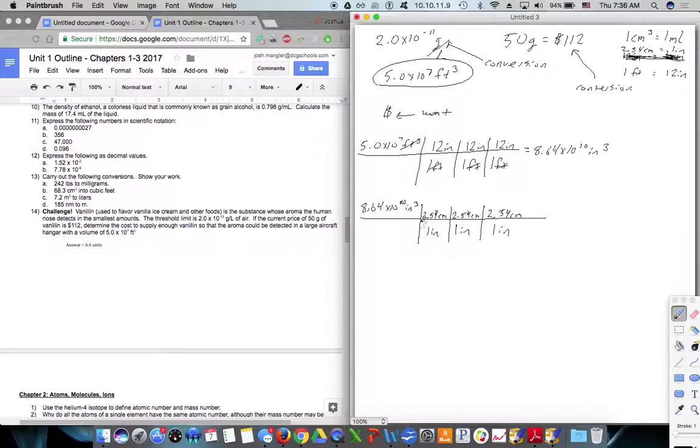I like showing it out so you can see how the labels get canceled. There's 3 inches here that need to get canceled. That gets us centimeters times centimeters times centimeters. That gets us into our centimeters cubed. Big numbers. 1.4 times 10 to the 12th.